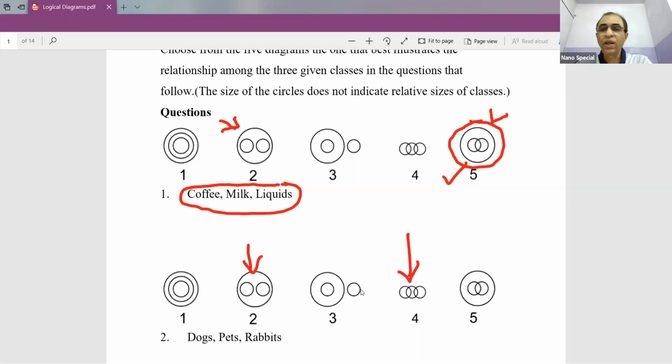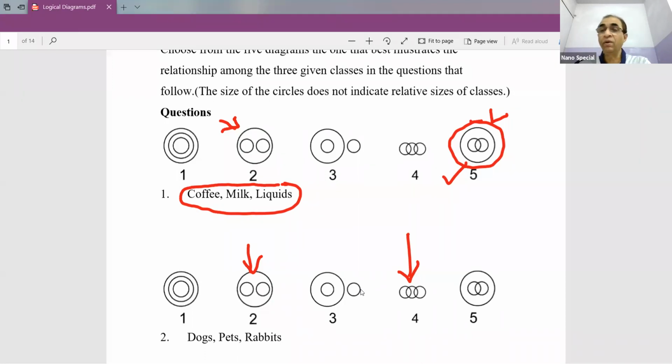Now, why is 2 not the right answer? Somebody has assumed that there are only pet dogs. There are wild dogs also, there are stray dogs also. They are not pets. So it is not necessary that all dogs are pets.